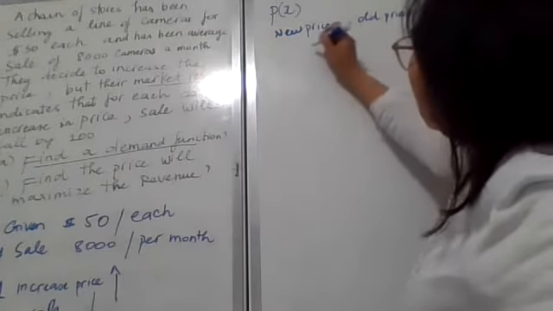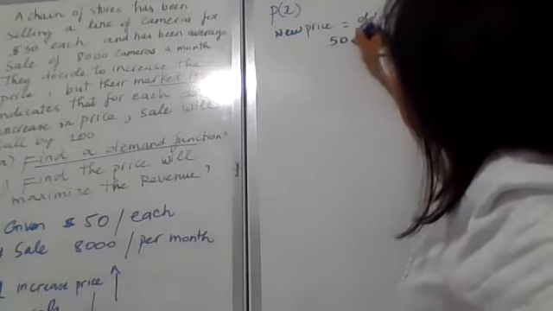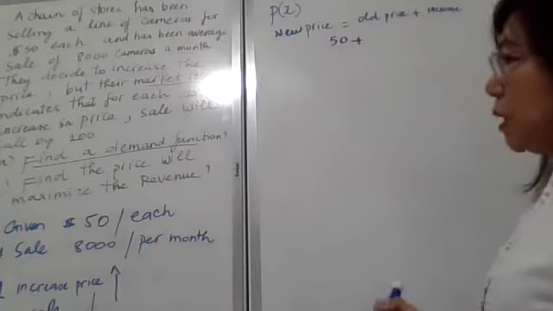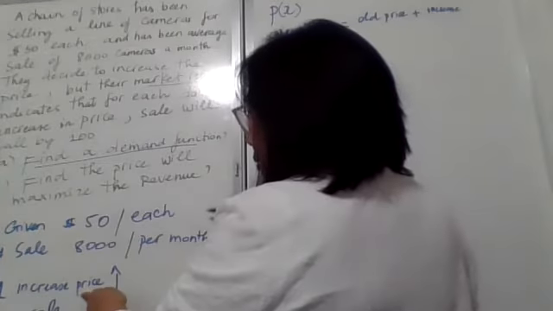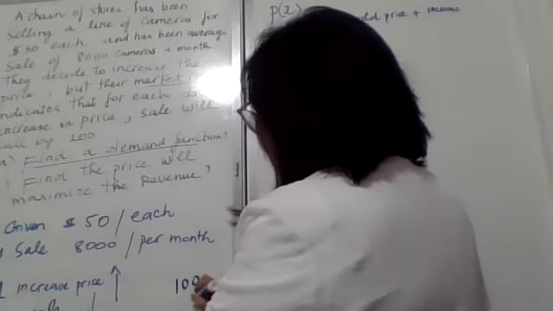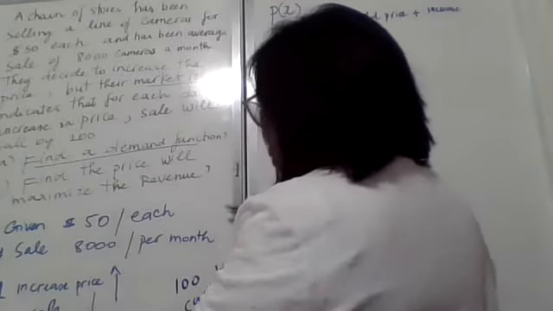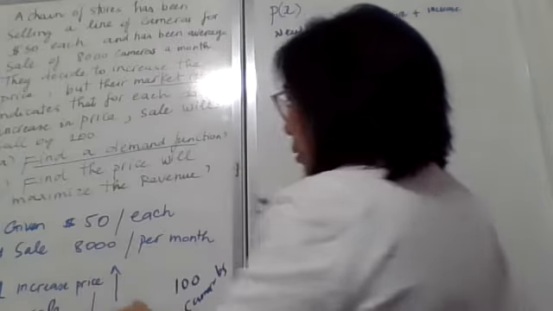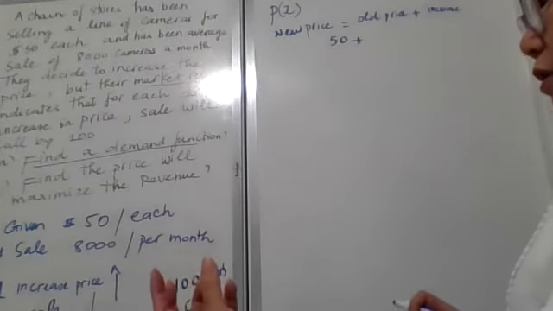So our new price will be equal to $50, adding with how much? For $1 increase in price, there is a 100 camera loss.